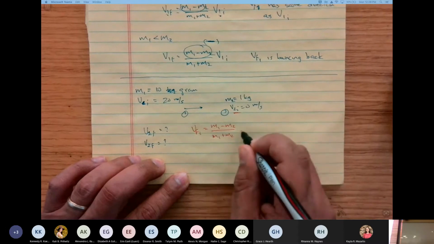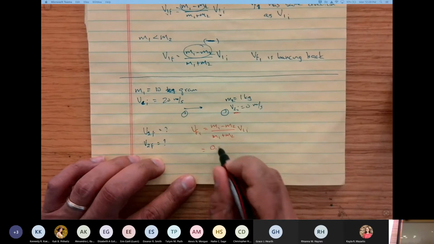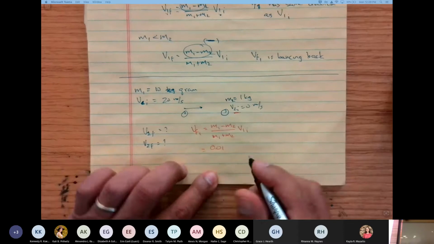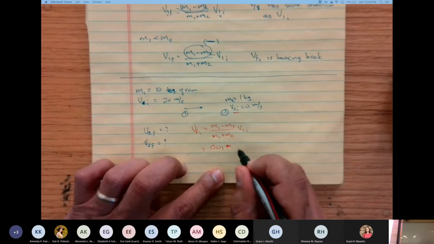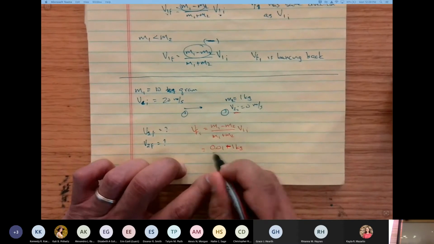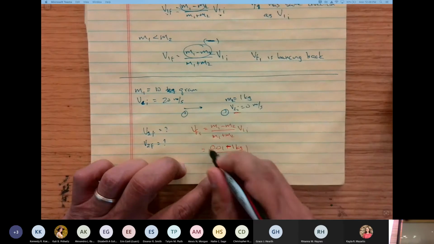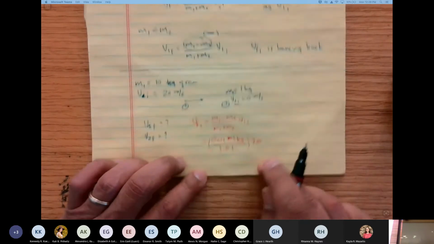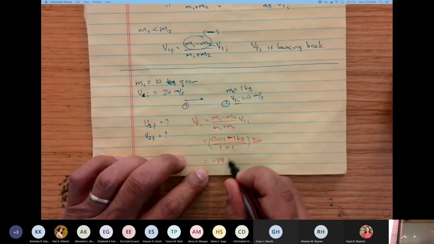So this will be 0.01, that's the 10 grams, minus the 1 kilogram, over 1.01, I'm just adding the two masses, times 20, and I think this one gives you negative 19.6 meters per second. Okay.